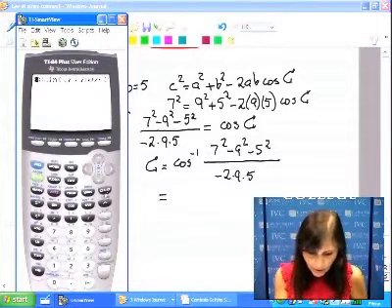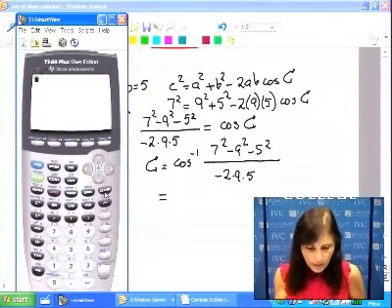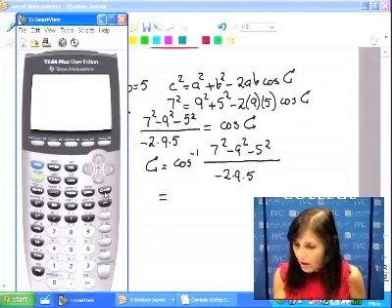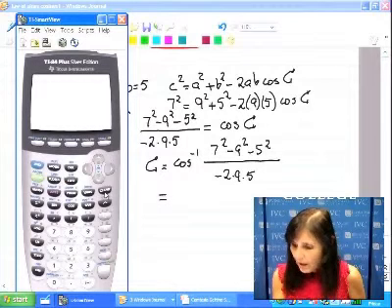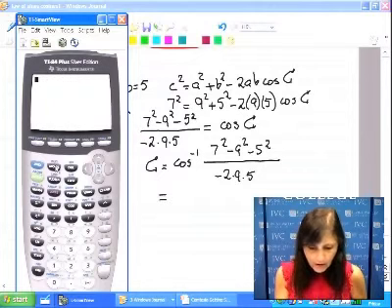So 7 squared is going to be, make sure you have it in a mode that you recognize. So let's put it in mode of degree. Okay, very good.